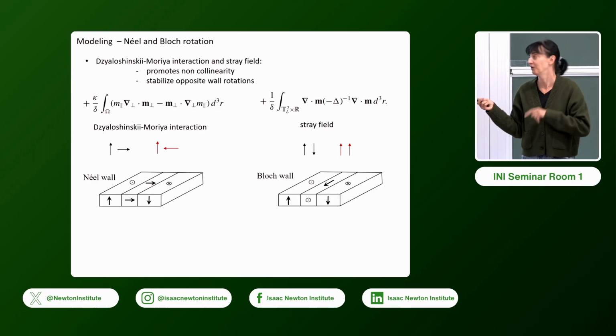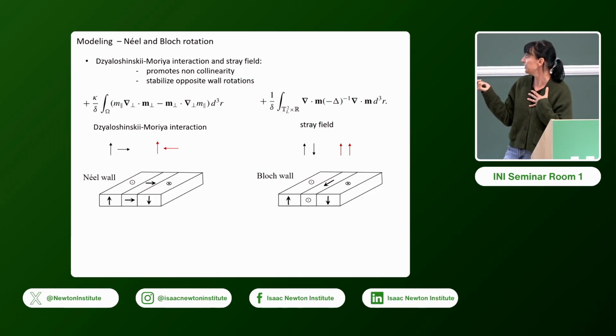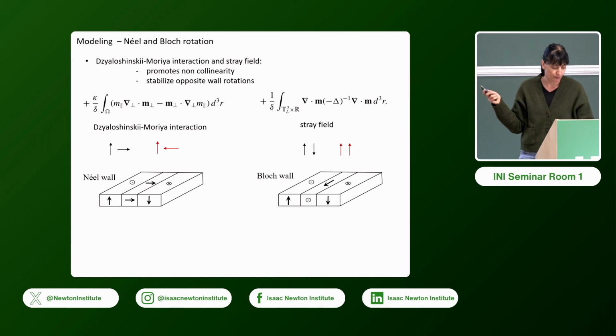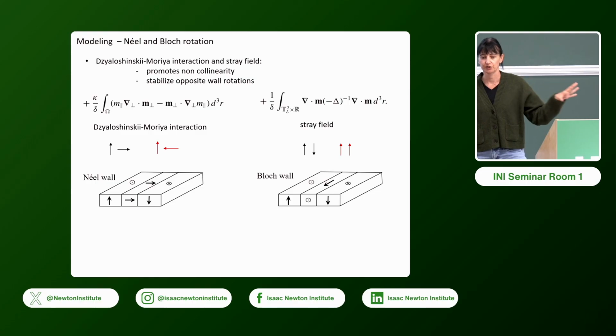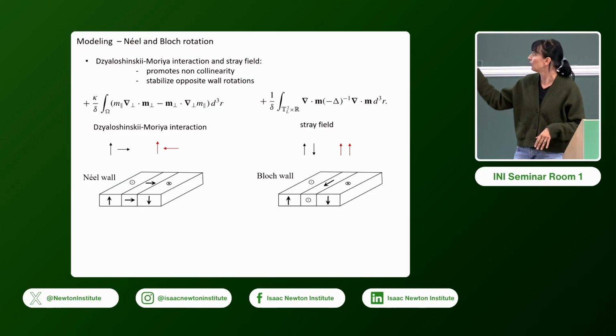Question? Okay. So, but this favors the Bloch wall rotation because it doesn't create volume charges. So these two are going to be in competition, but somehow we are not going to look into this competition. We are going to look at cases where we have this dominating or this only, and that's it.